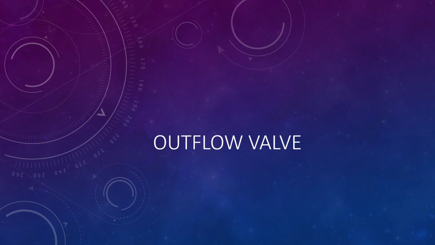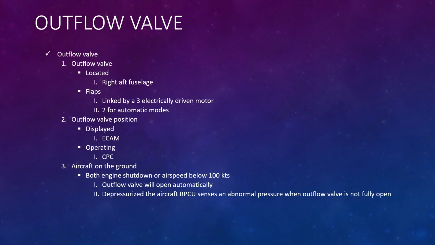So, outflow valve. The outflow valve is located at the right aft fuselage, with flaps linked by three electrically driven motors. It has two modes for automatic and one for manual.